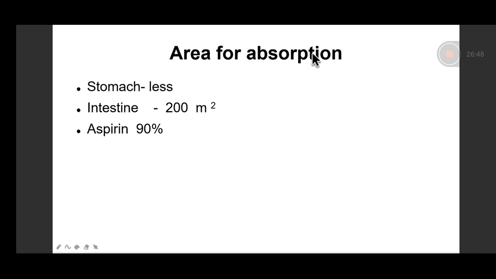Area for absorption. We're talking about the factors which allow for movement of drugs across membrane. Greater is the area for absorption, greater would be the degree of absorption. So the area of absorption in the stomach is much lesser. The intestinal area of absorption is as much as 200 meters square. And so because the area of intestine is so much larger, it is paradoxical that aspirin, which is an acidic drug and should have been absorbed much more in the stomach, though 90% of aspirin is absorbed in the intestine because the area for absorption is so much greater in the intestine.